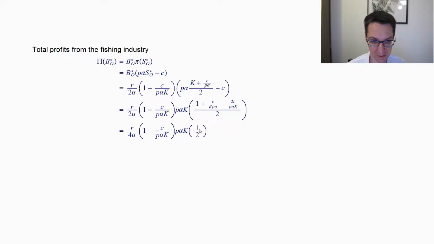And this is just the same as this expression here, so I can just put a square. And alpha is the same as alpha, I simplify it. So this is my final expression for the profit: K P alpha divided by 4, that multiplies 1 minus C divided by P alpha K, squared.